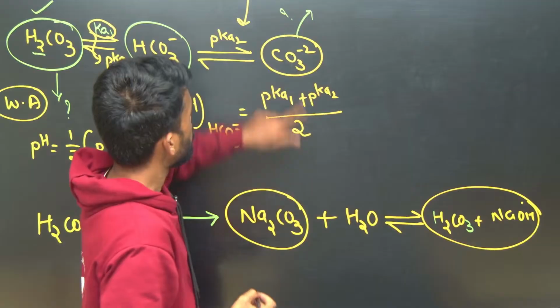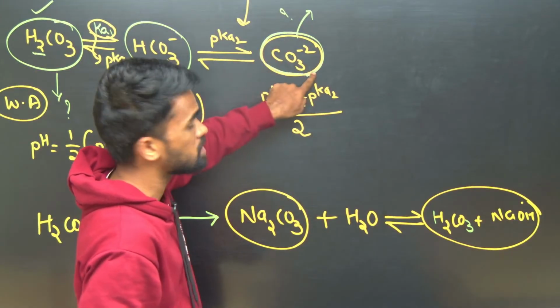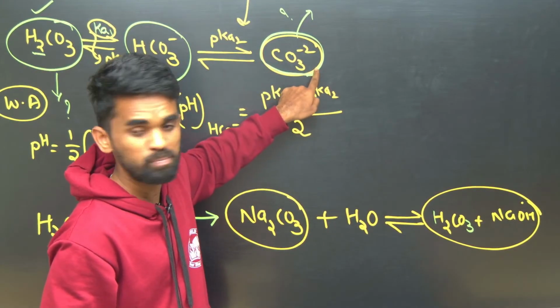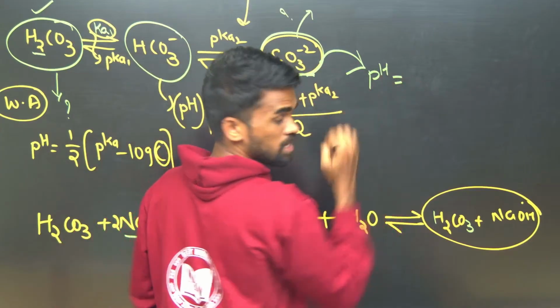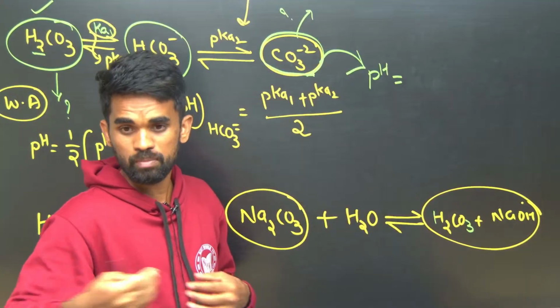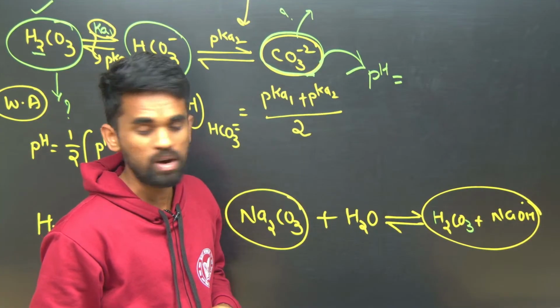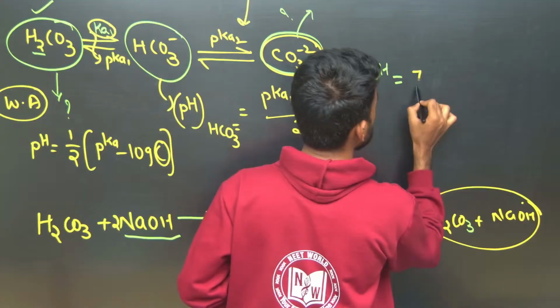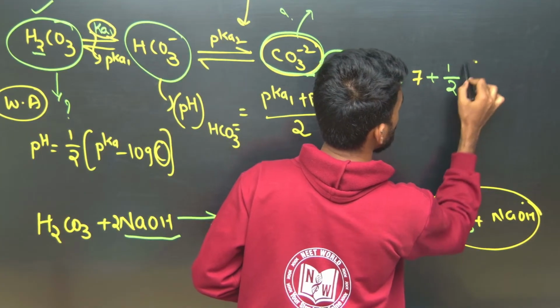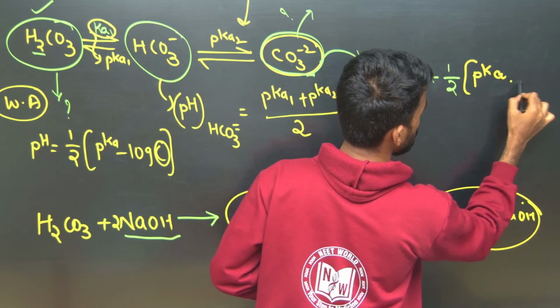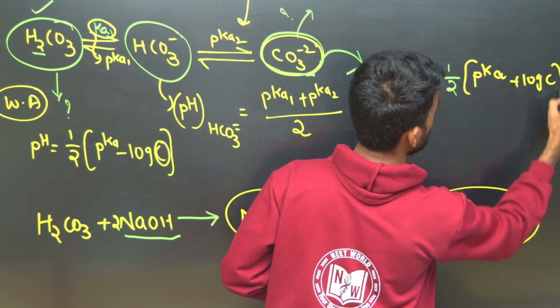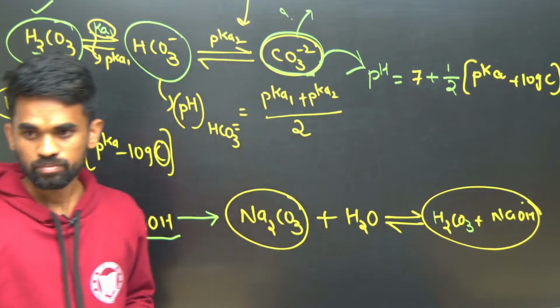So for this carbonate ion, if they ask, you should use the pH formula of a basic salt: weak acid plus strong base combination, salt hydrolysis formula. That is nothing but 7 plus half into pKa plus log C. That's it.